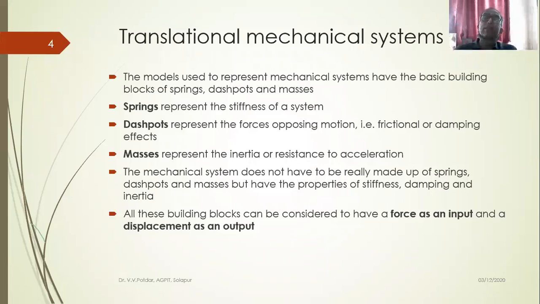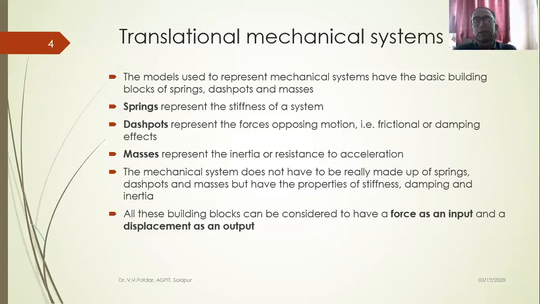So this is how the researchers came out with the concepts of mathematical modeling of translational mechanical systems by using these basic elements. The mechanical systems do not have to be really made up of springs, dashpots and masses, but have the properties of stiffness, damping, and inertia. Even in that case, I'll be modeling such systems by using spring, mass, dashpot, isn't it?